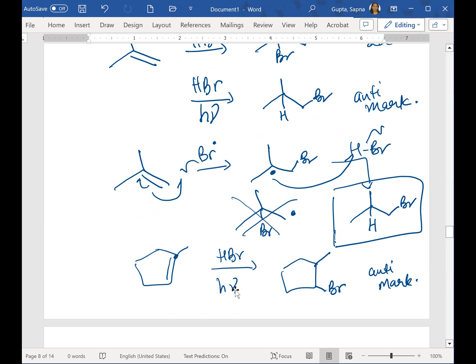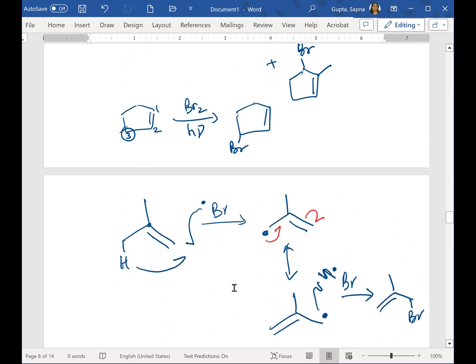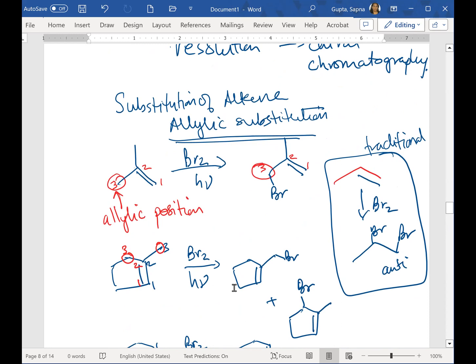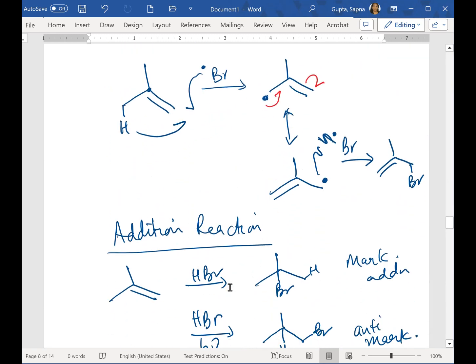I want to give you one more reagent that you can use for allylic substitution, because allylic substitution is extremely common because it gives you only a very specific product. So because of that, it's very, very common, which means there are other reagents also.